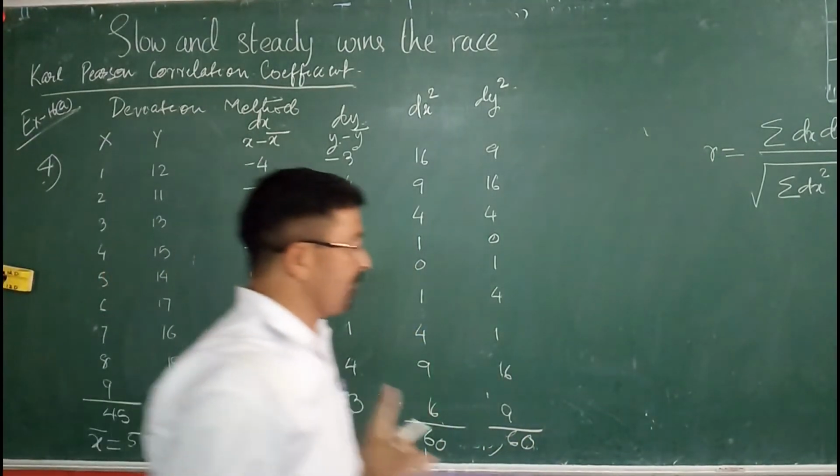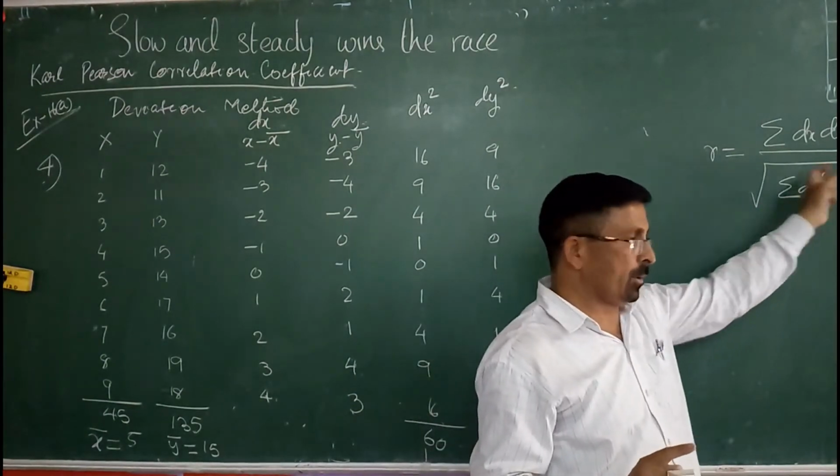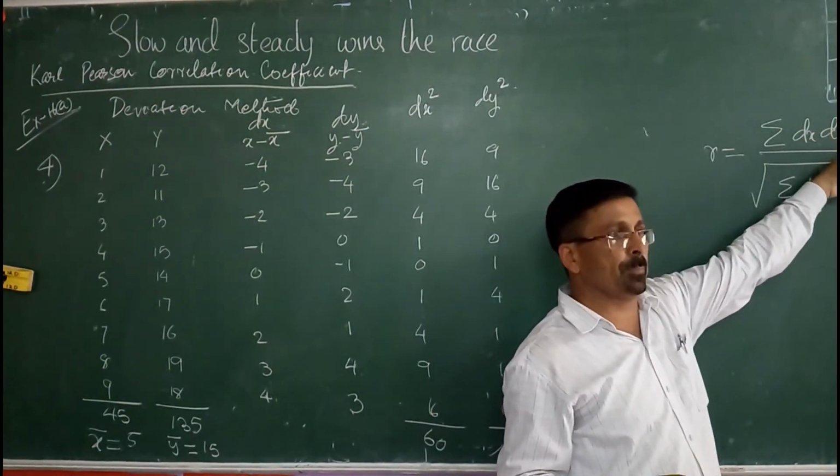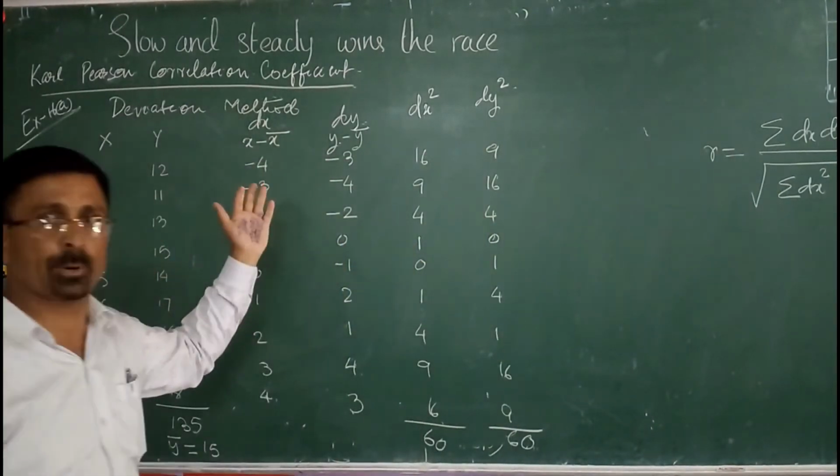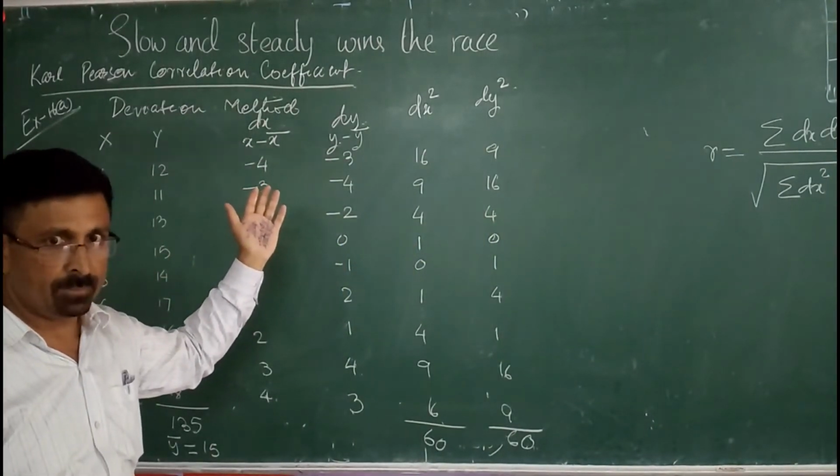Now according to the formula, we have got these columns. We are in need of the product of dx and dy. We already have dx and dy, so we will get the product of these two columns.